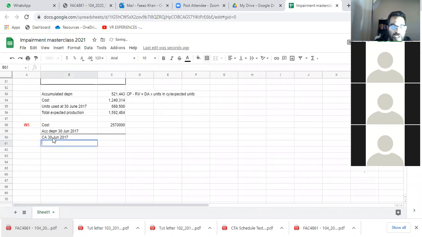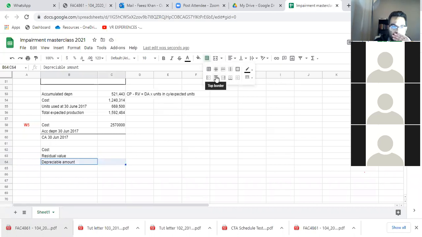To get accumulated depreciation, we'll do the following. We say cost minus residual value will give you the depreciable amount, then divided by useful life.